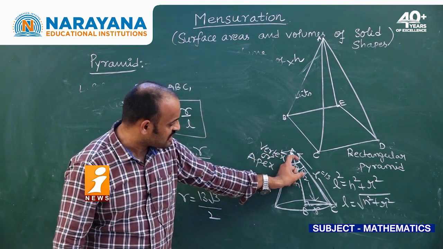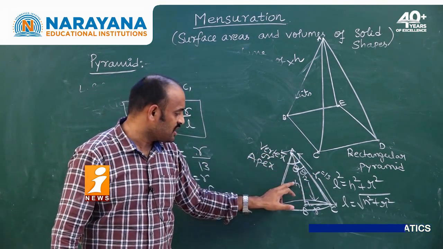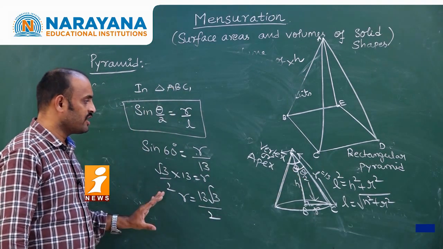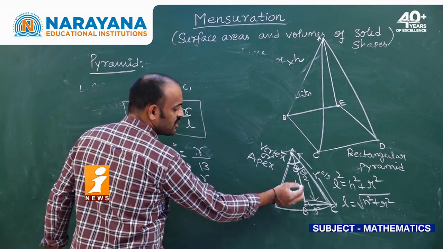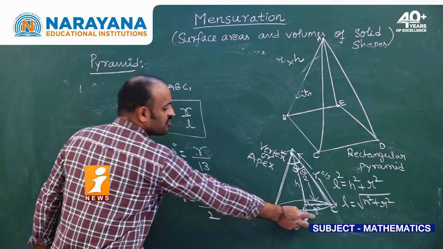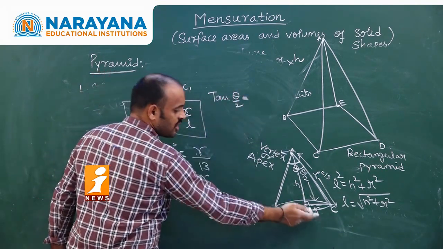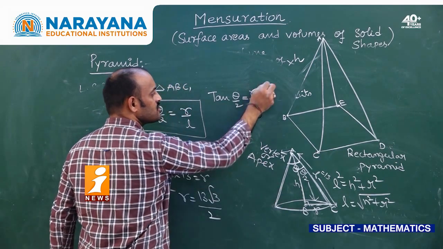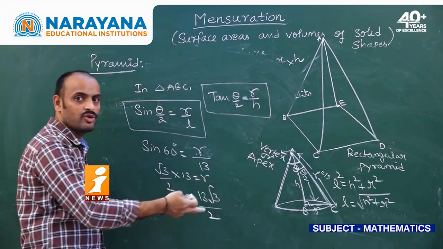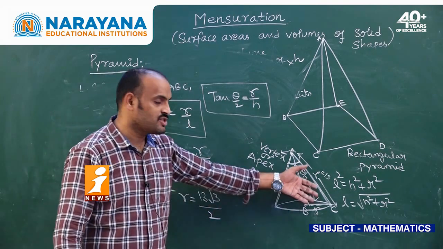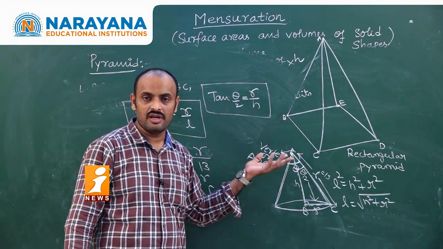If the semi-vertical angle and height are given, how to find the radius? Tan theta by 2 is equal to opposite by adjacent, R by H. So, these relations are to be used to find the other dimensions.